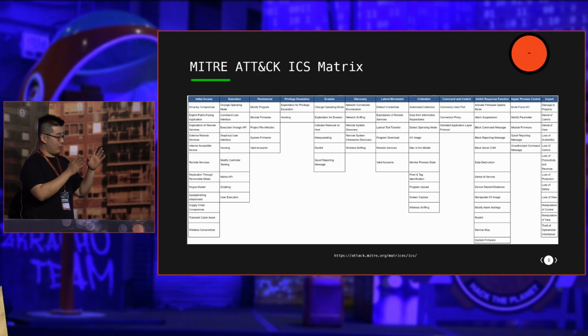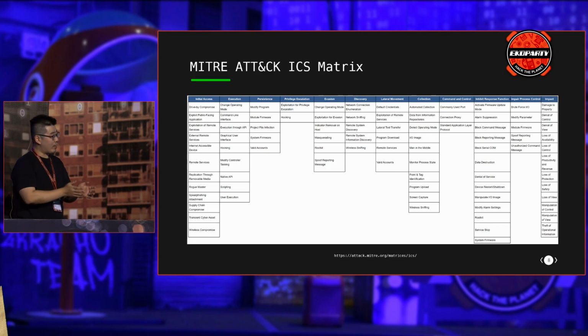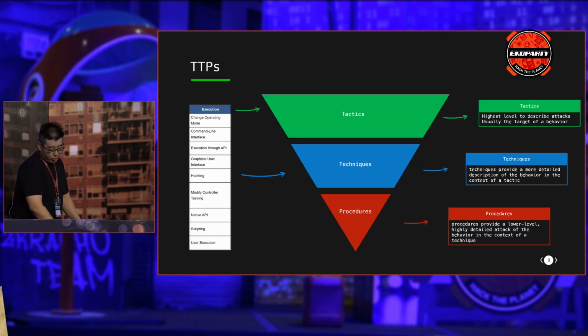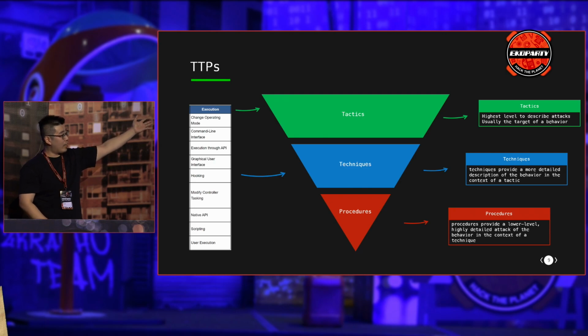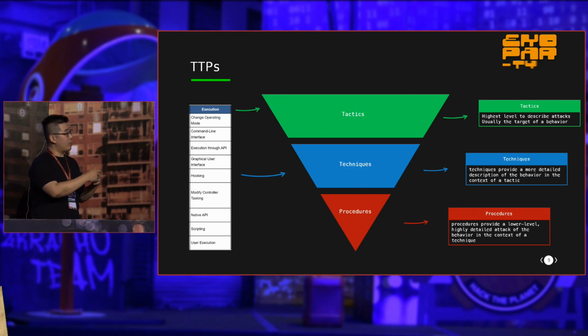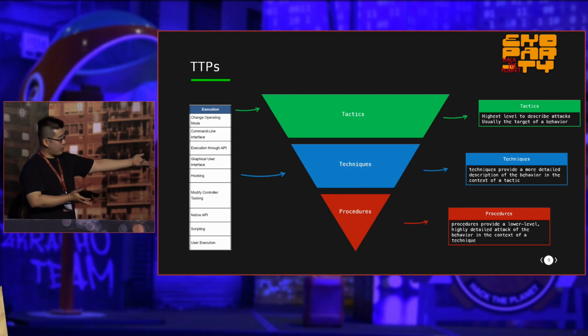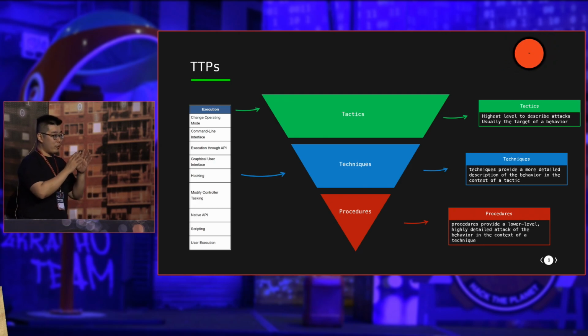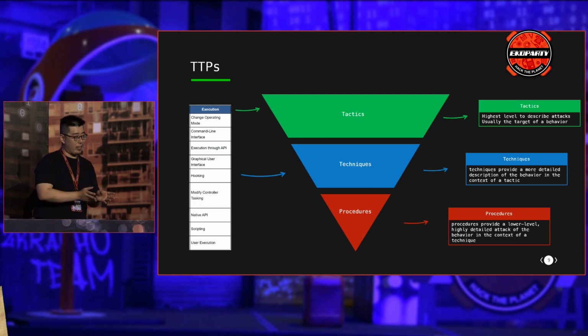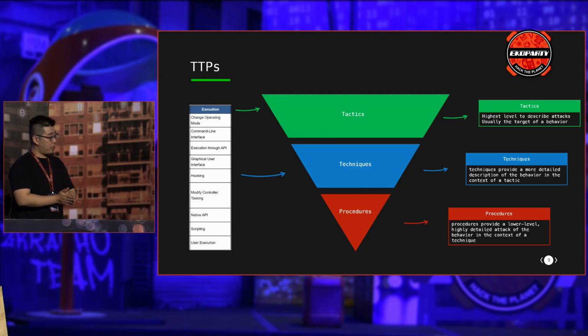They map attacks in ICS onto this kind of matrix, using the TTP architecture, where the highest level, tactics, are the targets of the behavior, and the procedure is the detail, like how you can achieve this kind of attack. So basically you can describe an attack from, for example, an APT group and map it onto the ICS matrix.